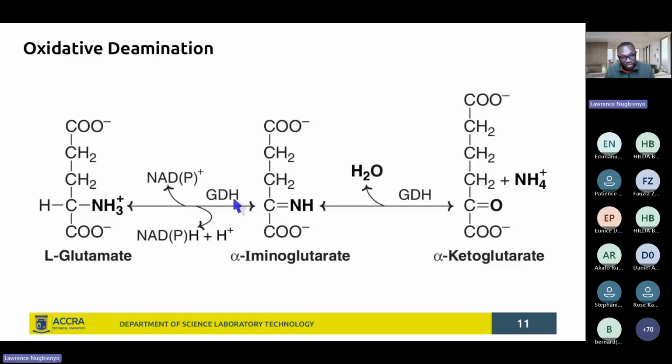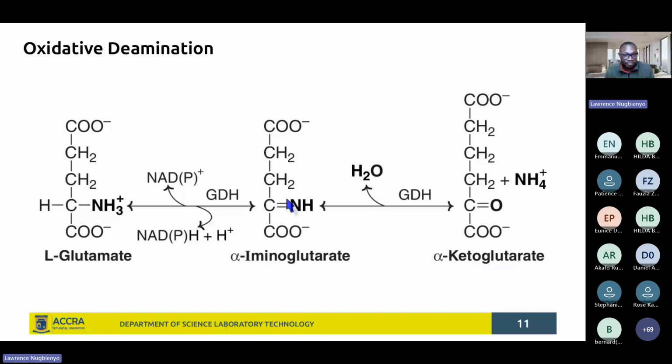We see these coenzymes which are involved in oxidation-reduction reactions. Clearly, you can see NADP plus is getting some hydrogen or proton transfer onto it from that amine group, so you now have NADPH and then an H plus. You have some transition states, alpha-iminoglutarate.